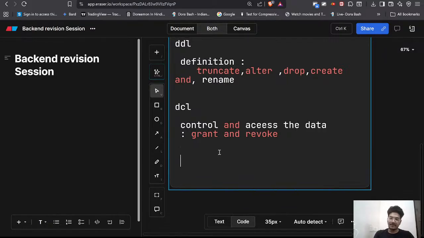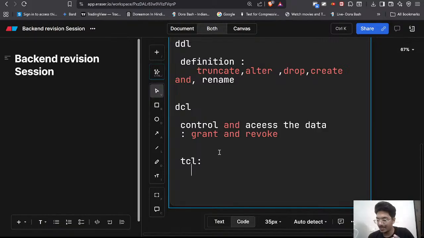After that, TCL is called transaction control language. It is used to handle the data transaction.